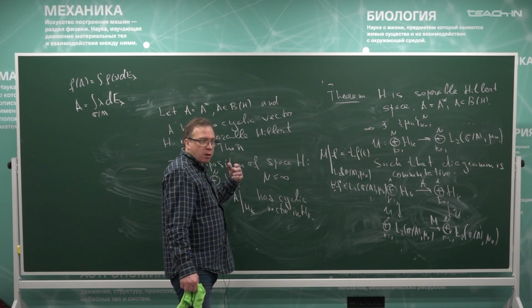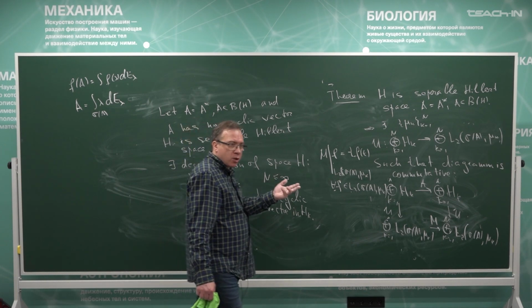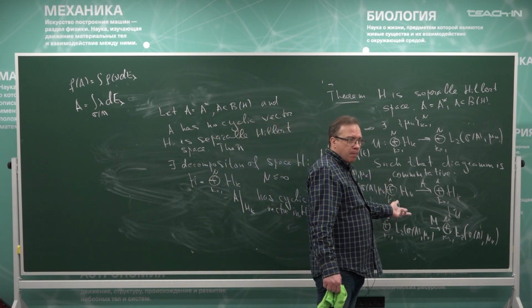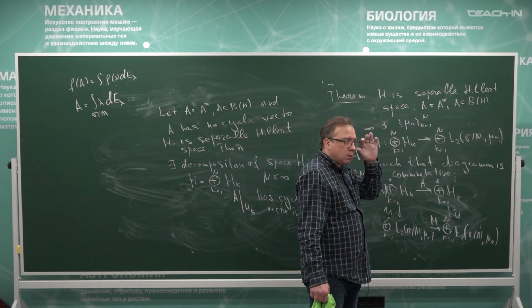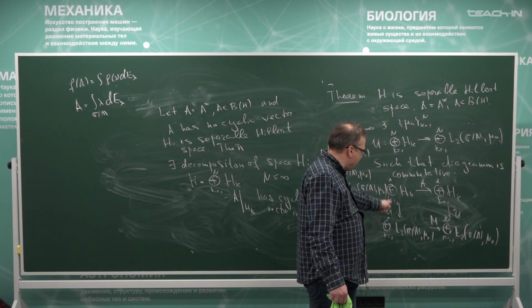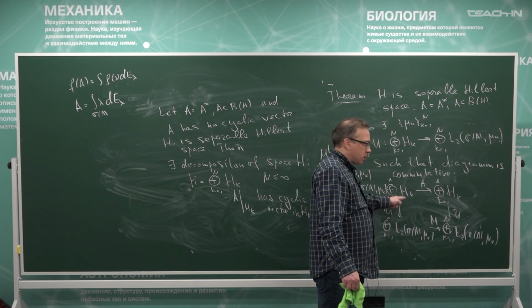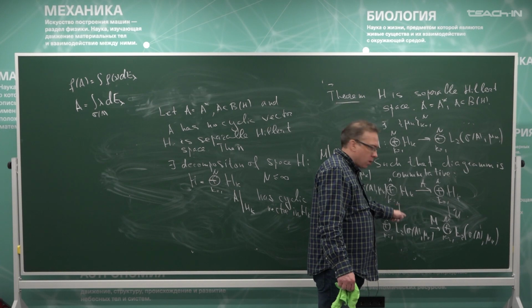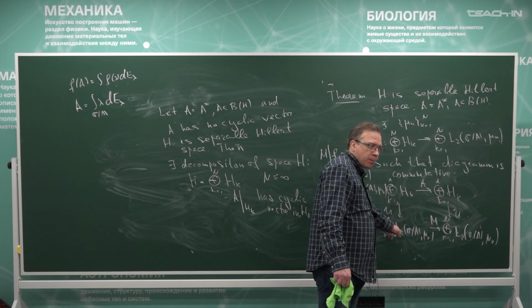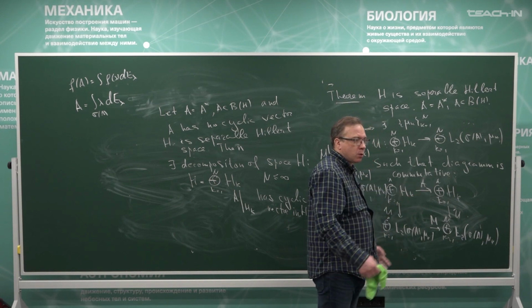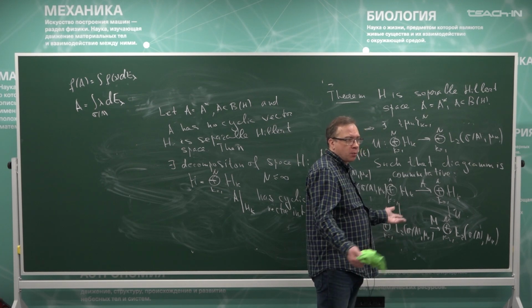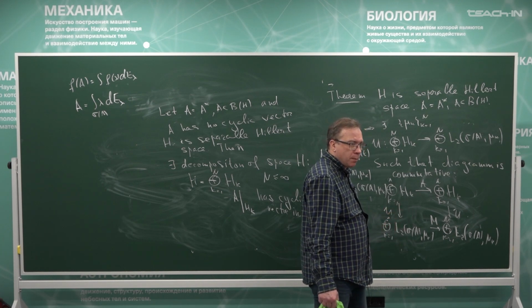Then you take its spectral function and obtain the measures mu. And construct U in each term as the orbit of the cyclic vector under the monomials. And then combine it together. That is the idea of the proof of this theorem.